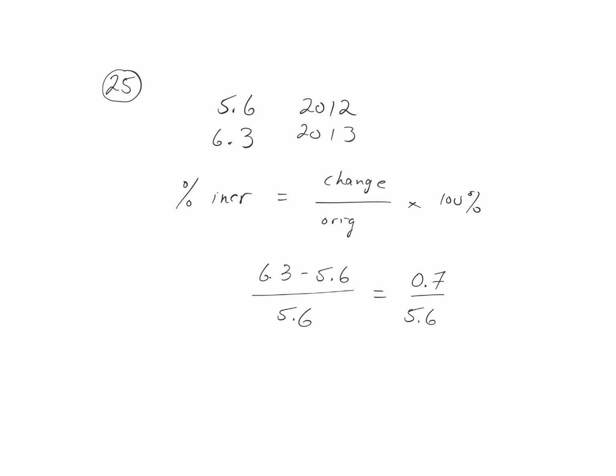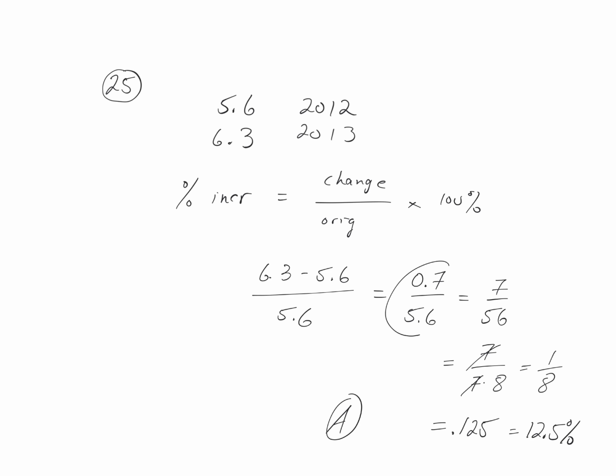And if you know your times tables, you are going to notice that this is equal to 7 over 56, which is equal to 7 over 7 times 8. The 7s cancel, leaves you with 1/8, which is 0.125. And then you multiply that by 100% and you get 12.5% increase, which is A. Of course, on your calculator you can just divide these two numbers and you will get 0.125 right away, which is 12.5%.